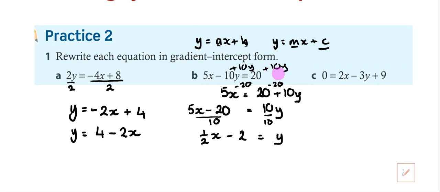Why doesn't it go to just y? Wait, why wouldn't it be like 30y? Because this is 20, it's not a y. It's a 20. Remember, this 10 is the amount of y's I have. I can't add 20 and the 10 together, because 20 has got nothing to do with y's, it's a 20.